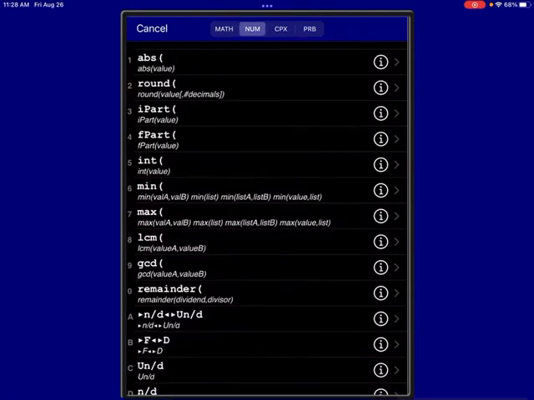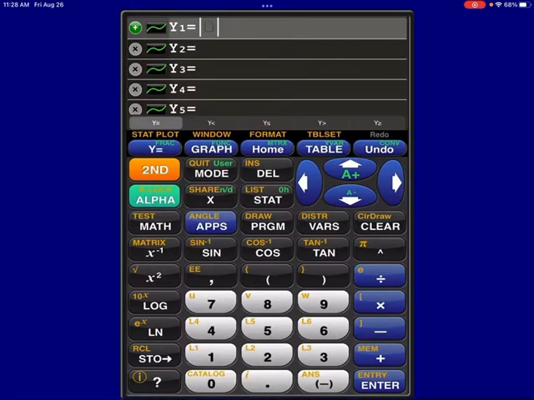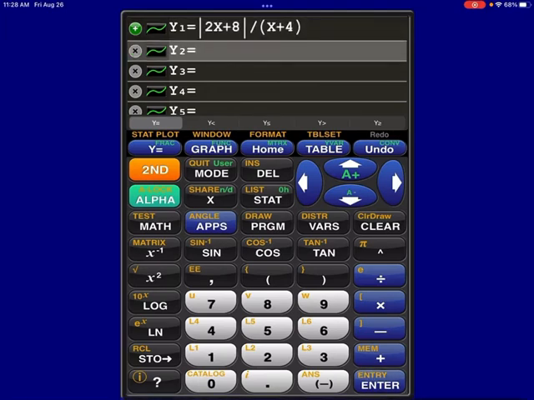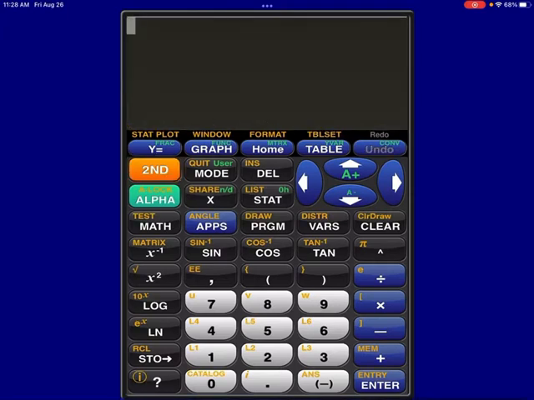Usually there is. Here we go. Absolute value, 2x plus 8, divided by x plus 4, okay. All right, so now that we have that, I'm going to go ahead and hit enter.